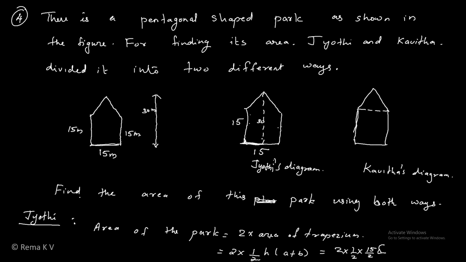The total length is given as 30. So it is 15 plus 30. Calculate it. So Jyoti calculated it by finding the area of two trapeziums. So we can find the area of one trapezium multiplied with 2.